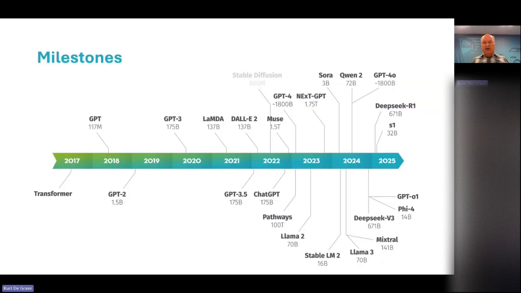Okay, so what are LLMs actually? We've come a long way. LLMs were invented in 2017 when a team from Google published the transformer neural network architecture in the "Attention Is All You Need" paper, a very famous paper.